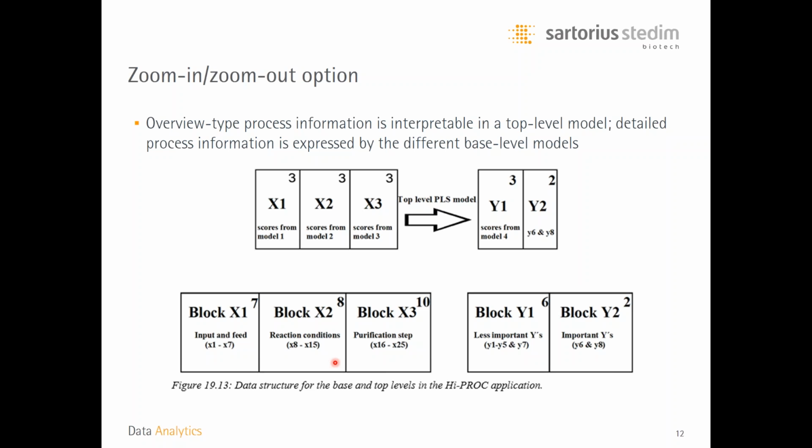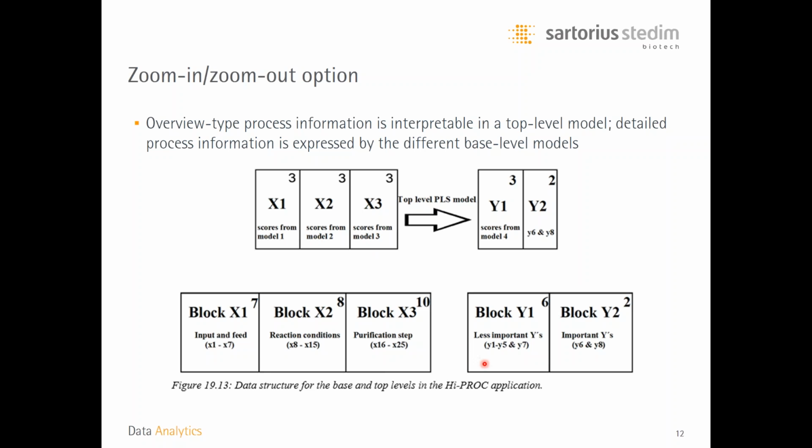We have a second X block that is related to reaction conditions, and the third block related to a later purification step. And here we are using local models to model the individual local blocks and pulling out a number of score vectors. We're pulling out 3 score vectors to represent the variability in each of these 3 sub-X blocks.